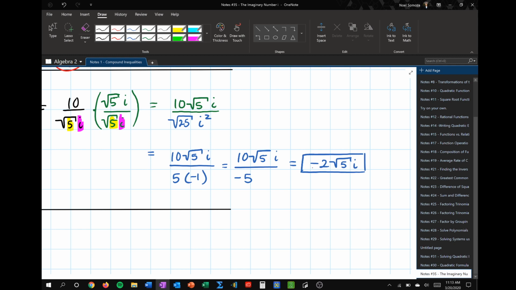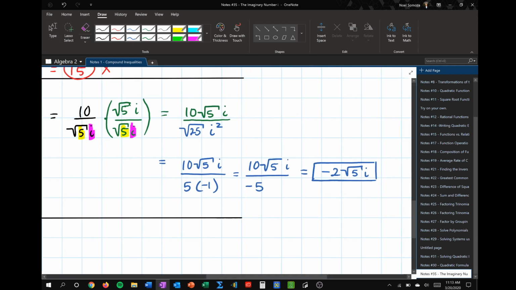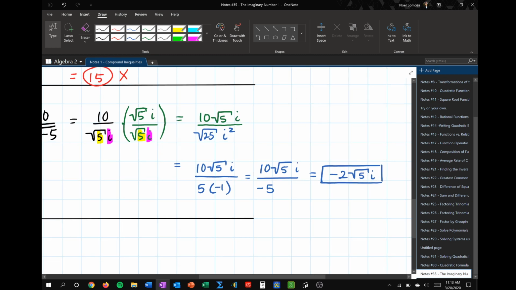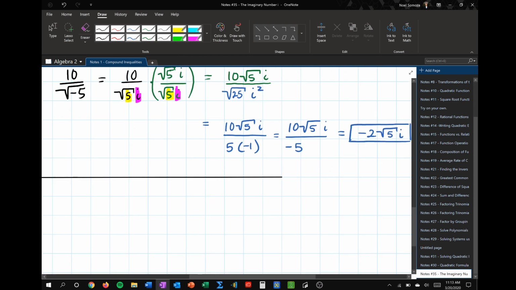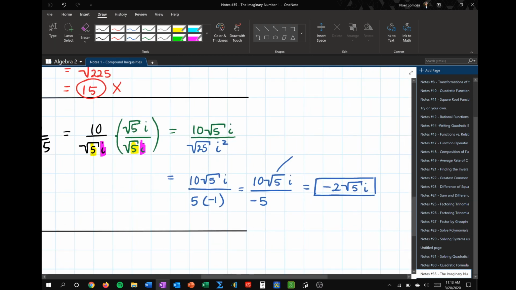Okay. How are we doing so far? Are we okay? Does this make sense? If this part lost you a little bit, think of this as being 10 over negative 5 times square root of 5i. This is where the 10 over the negative 5, that's where I got negative 2 from.